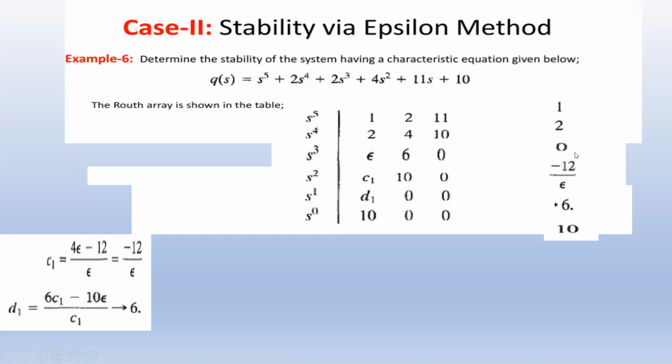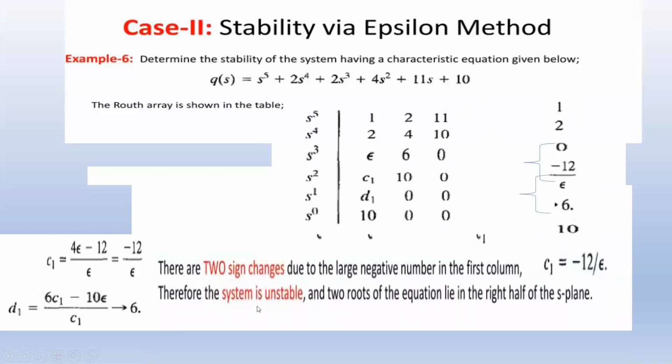So we have two sign changes in the first column of this Routh array. So the number of roots in the right half plane of this characteristic equation is equal to 2, thereby saying the system is unstable, because there are two sign changes in the first column of this Routh array.